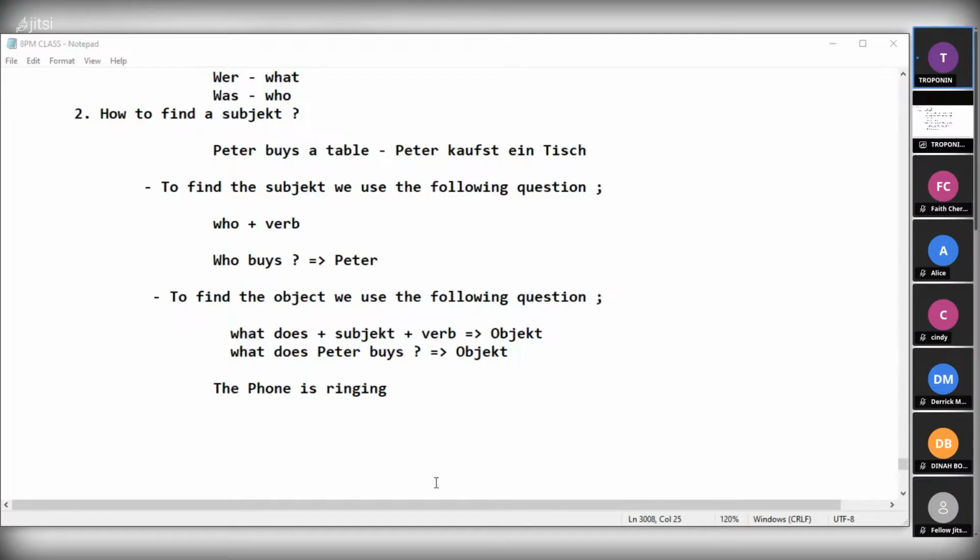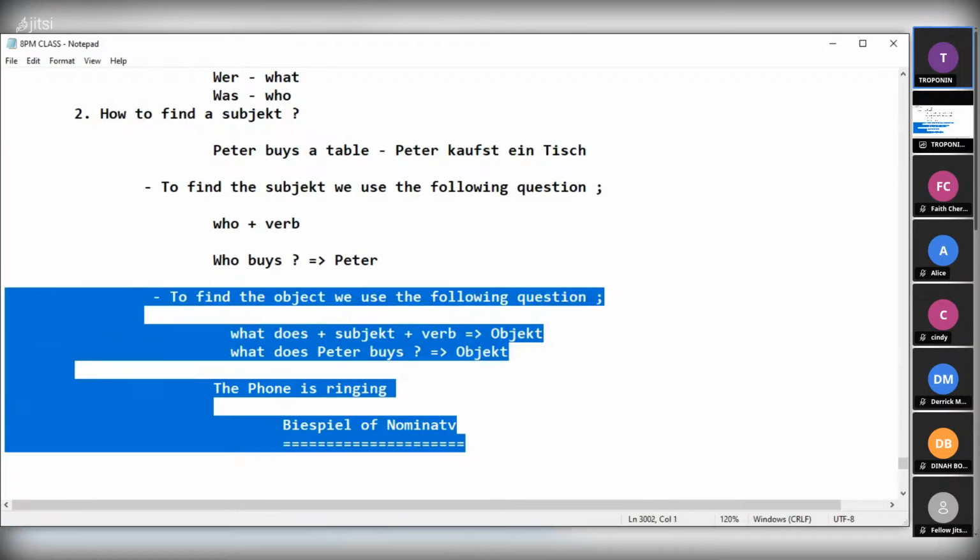So, Beispiel of nominative. We are still on the surface. Now this Beispiel, I will just copy them.